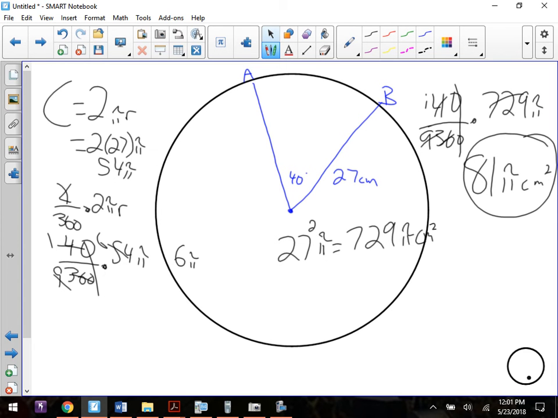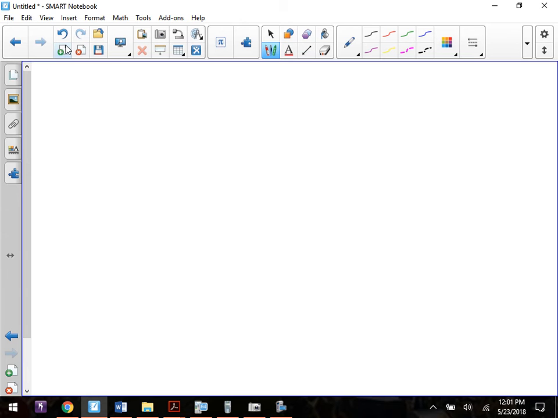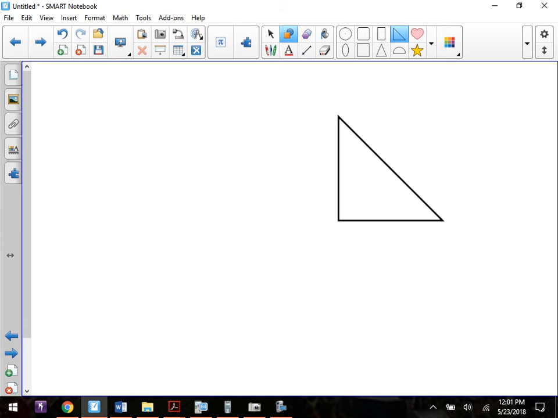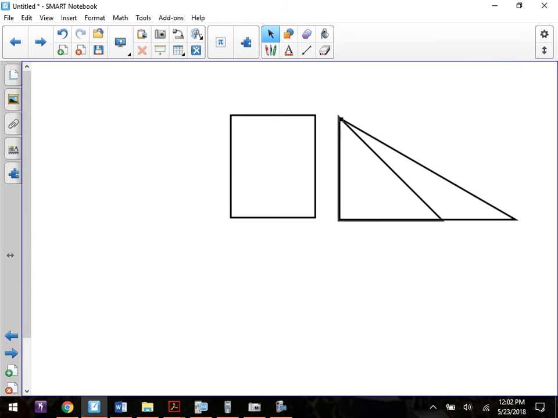Area of the shaded region. Well, when I was drawing this one out a couple times yesterday, if I draw this correctly, this should work.